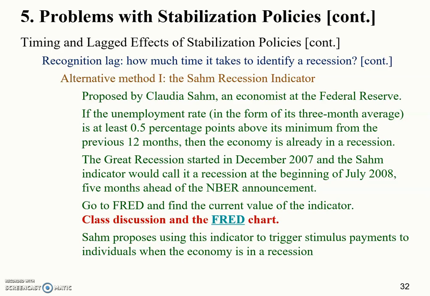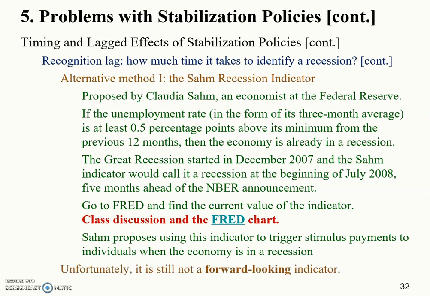When we take that average, we would find it's half a percentage point higher than the minimum. Even so, you probably realize that this is still behind the start of the recession. As we said, the best case scenario is just 1 month, but oftentimes we have to wait 3 months or even longer.